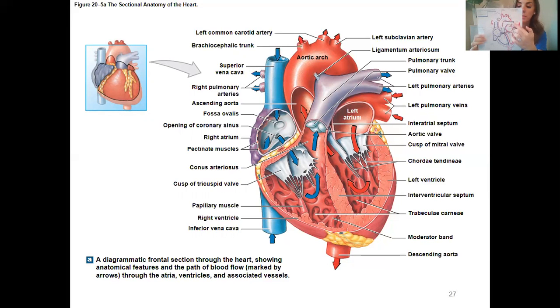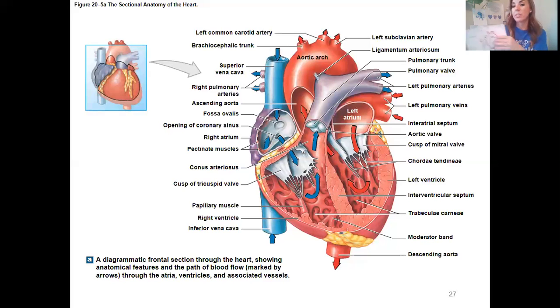Pulmonary arteries. They go to the right and they go to the left. Now, where are they going? They're going to the lungs. So off to the side over here, you can write in to lungs. I also have it on this side as well.